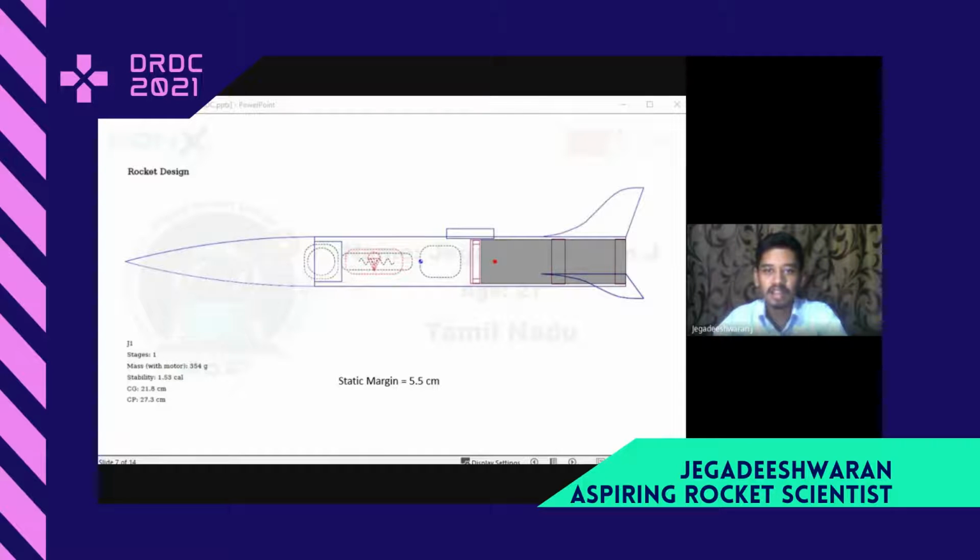The fins are designed to produce minimum drag, but also maintain stability by bringing the center of pressure to the back. The location of CG is at 21.8 centimeter and the center of pressure CP is at 27.3 centimeter. If we calculate the static margin, it comes to around 5.5 centimeter, which gives a stability of 1.53 caliber.